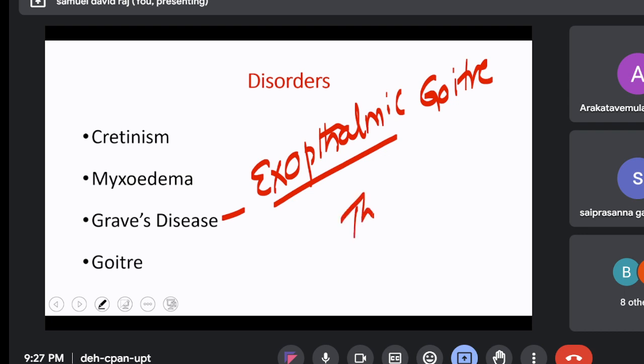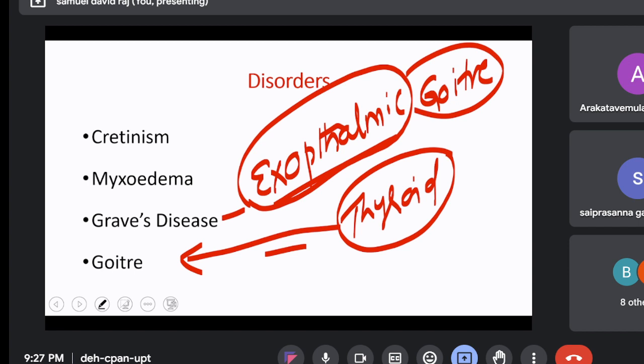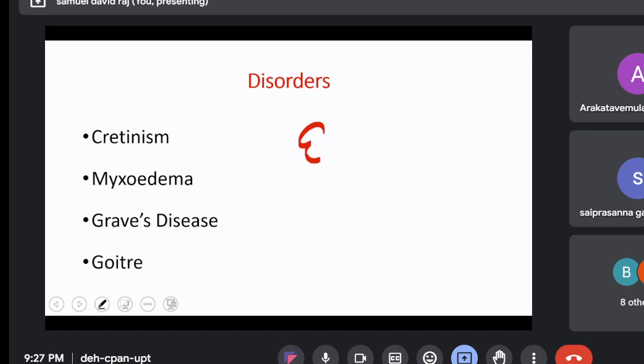When somebody asks you what the disorder associated with thyroid is, you simply say goiter. So goiter is synonymous with thyroid gland. In order to show that this exophthalmic condition is caused by a disorder related to the thyroid gland, goiter is added here. But actually, the exophthalmic condition is a pathological condition that can be seen in other disorders also.